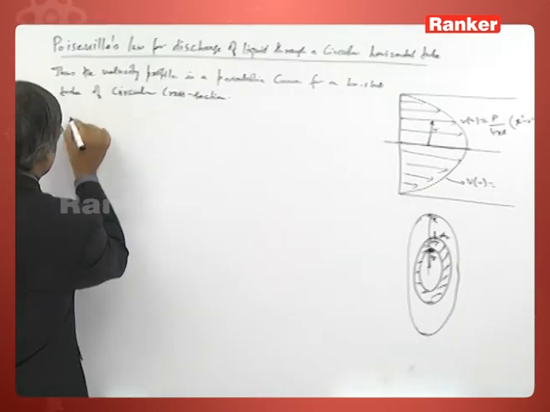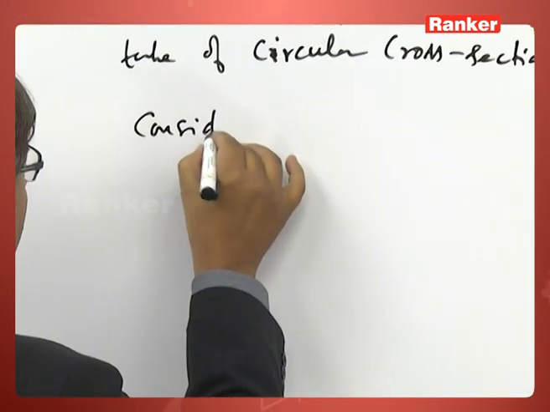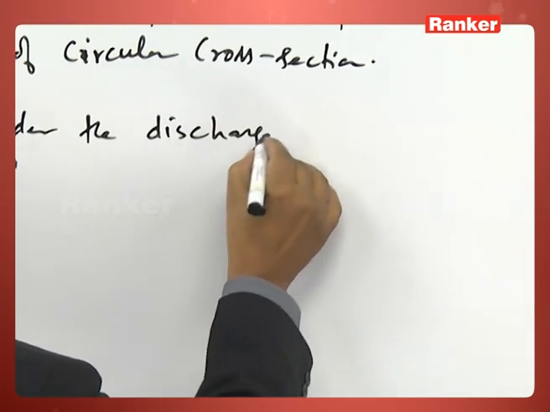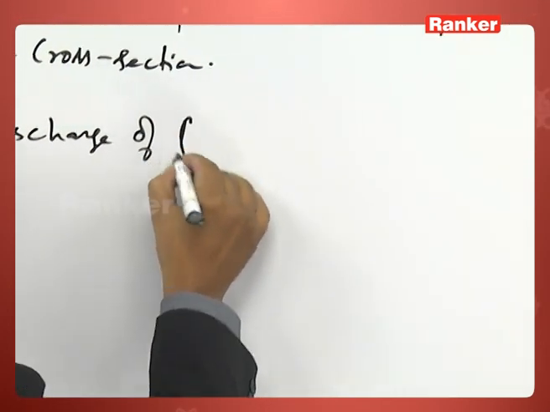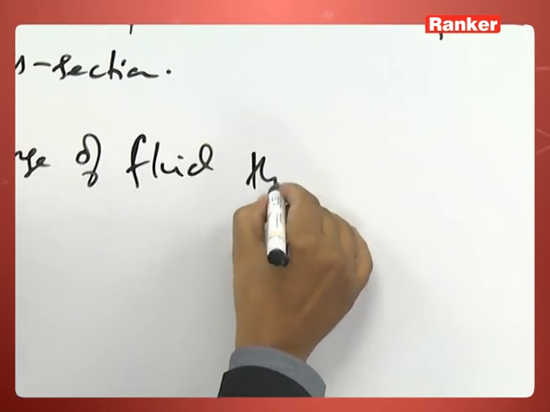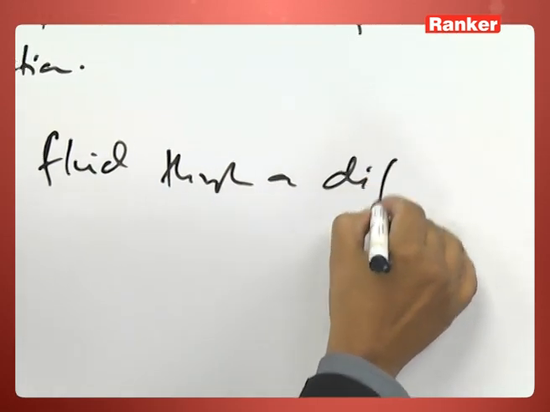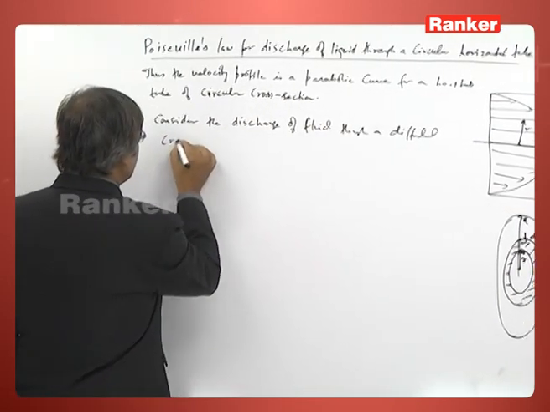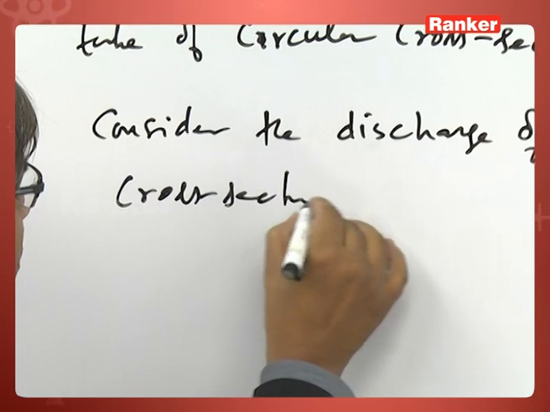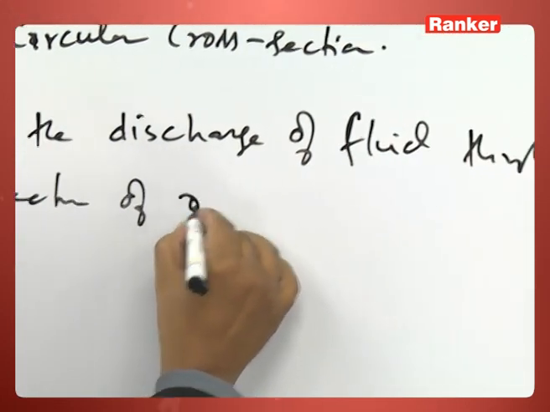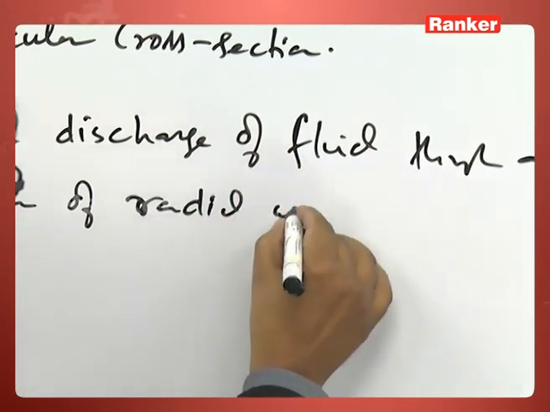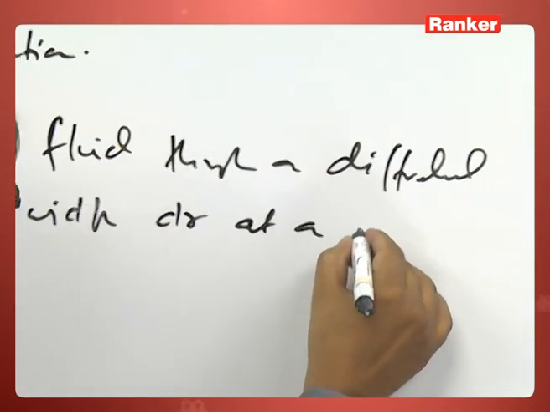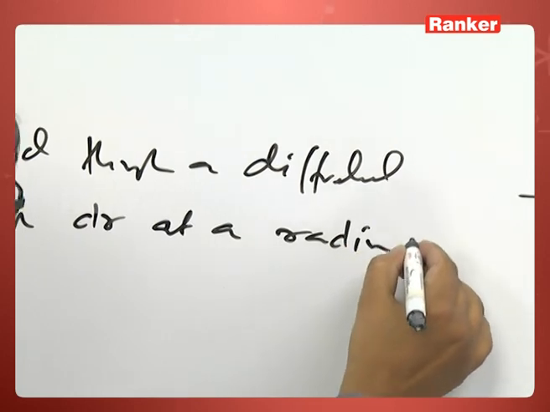So, now consider the discharge of the fluid through a differential cross section of radial width dr at a radius of r.